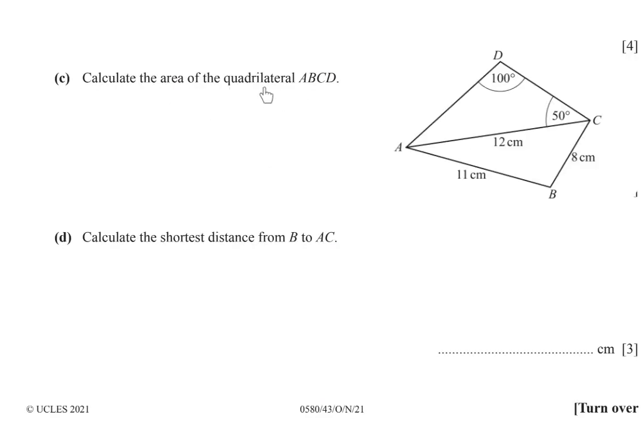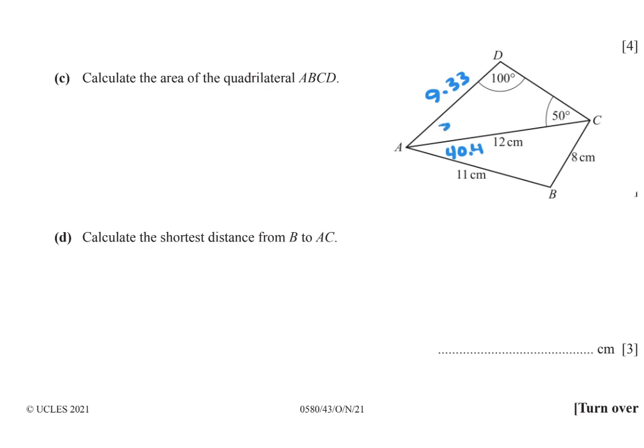C, calculate the area of the quadrilateral ABCD. To find the area of this quad, we can find the area of this triangle plus the area of that one. First, we need to write what we have: AD equals 9.33 and the angle BAC is 40.4. For this triangle, to find the area we need two sides and the included angle. We have two sides, but we need the included angle. If this is 50 and this is 100, we can find the third one: 180 minus 100 minus 50 equals 30.